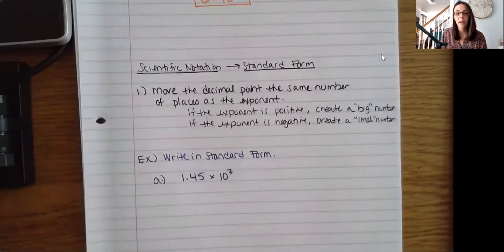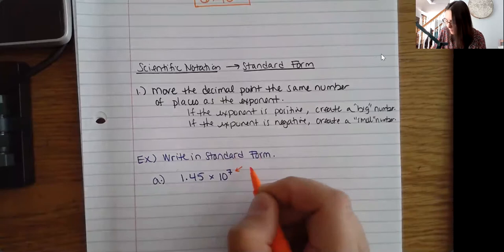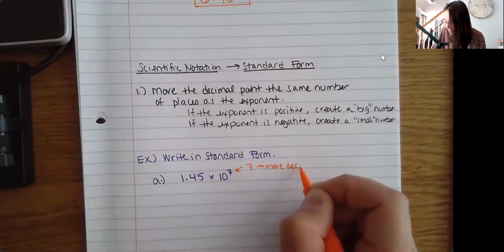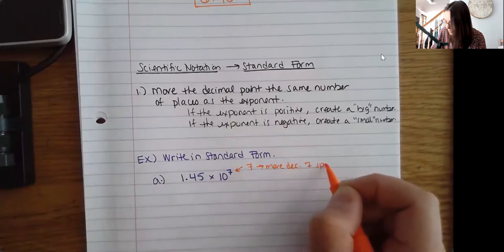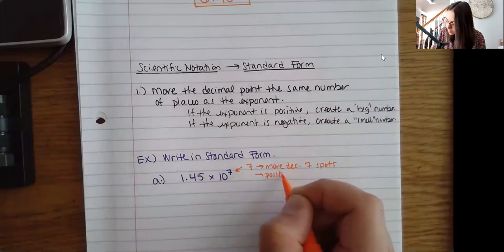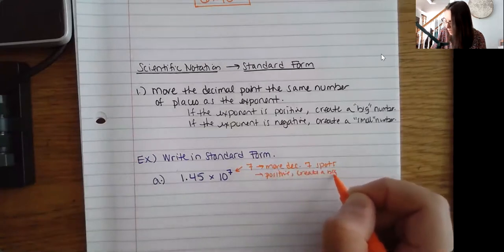So I have 1.45 times 10 to the 7th. I want to go back to standard form. I notice that 7 means I'm going to move the decimal 7 spots, and it's positive, so I'm going to create a big number.